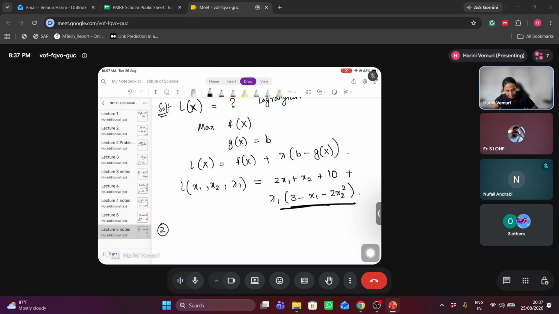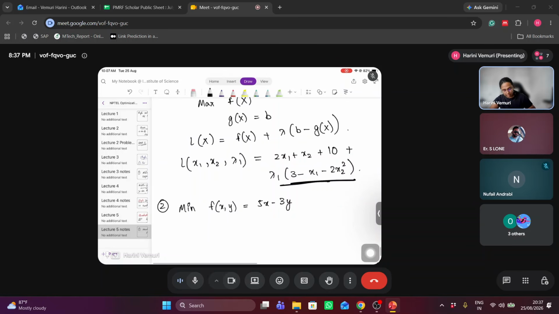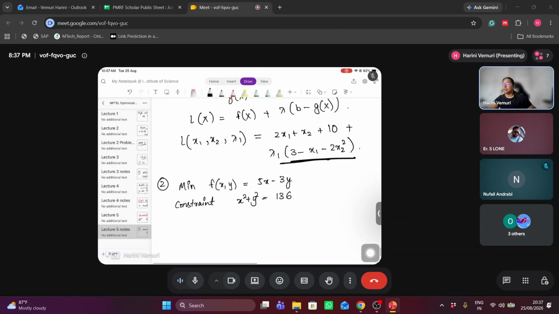Then next problem, minimizing f of x comma y equal to 5x minus 3y, subject to the constraint x square plus y square equal to 136. And what we have to do is find the local minimum.